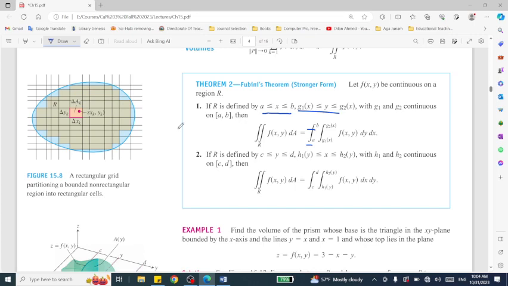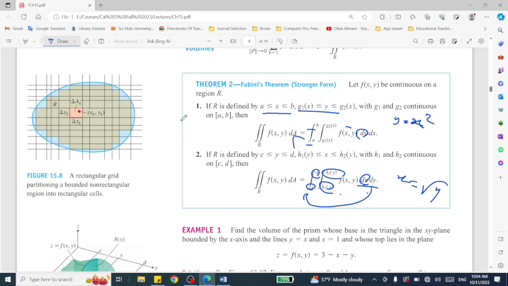You can also change it to dx dy, where y is a constant between, for example, 0 and 2, but x is a function of y. So y is a function with respect to x, and here x is a function with respect to y. Understood? So dA can be translated to dx dy or dy dx.